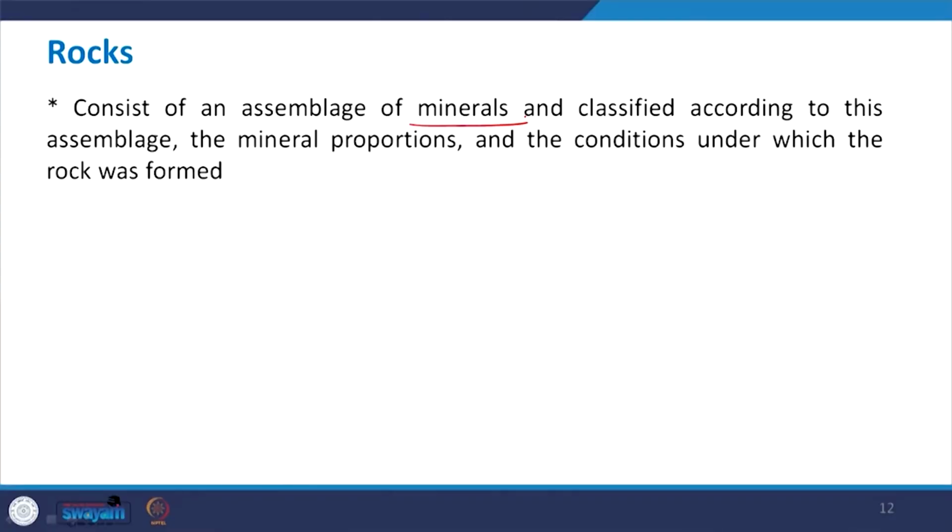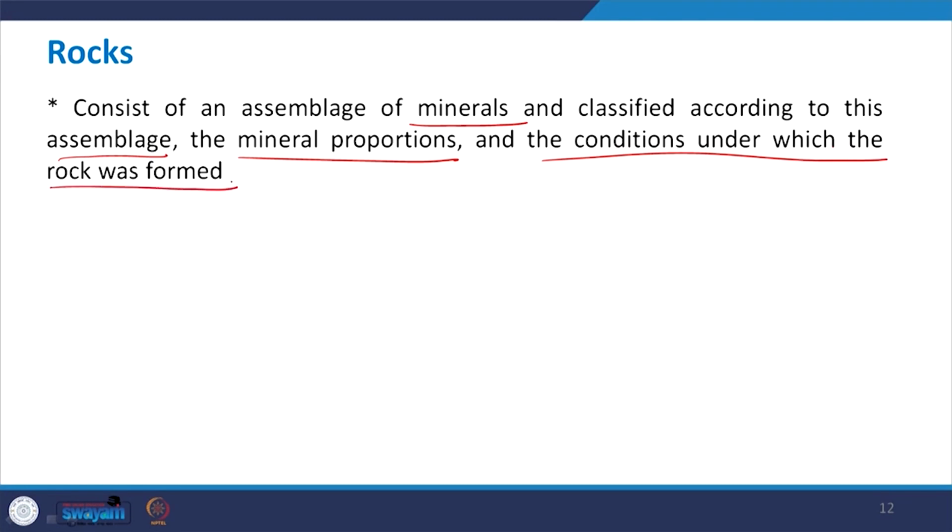Now, coming to these rocks, as I was mentioning, they are assemblages of minerals, and they are classified according to this assemblage, their mineral proportions and the conditions under which the rock was formed.